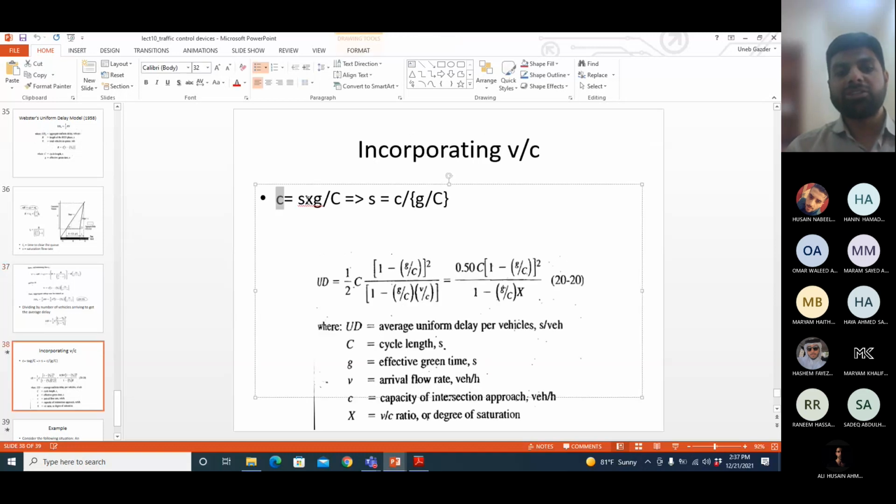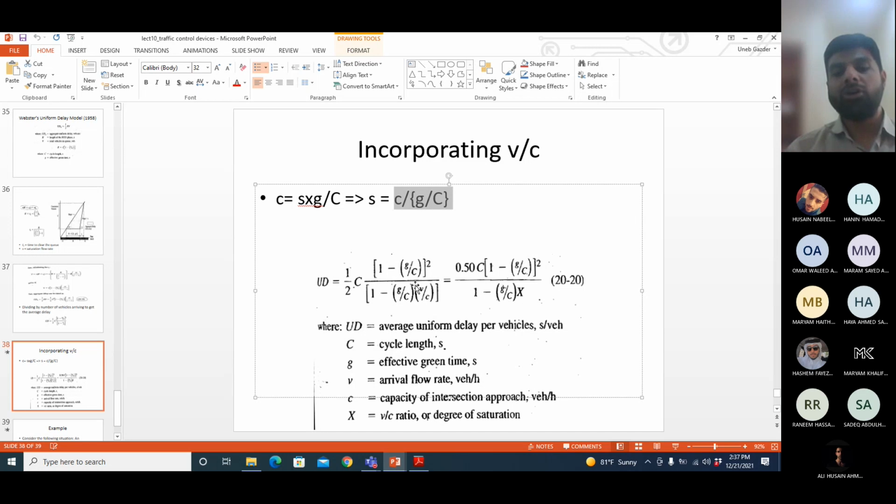In the previous equation, I have the term S. Using this relationship, I can derive the equation for S: S equals capacity upon G by C ratio. So I remove the term S and replace it with capacity upon G by C ratio in the denominator. V upon S becomes this now.